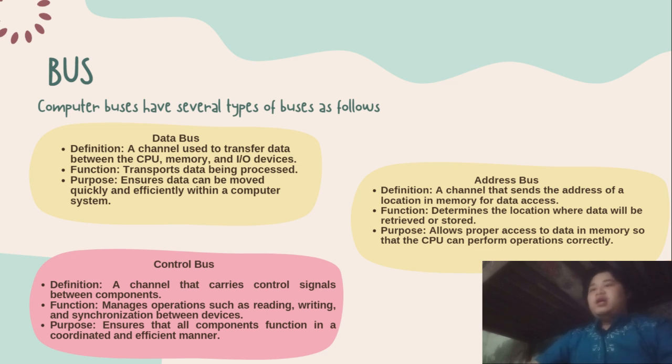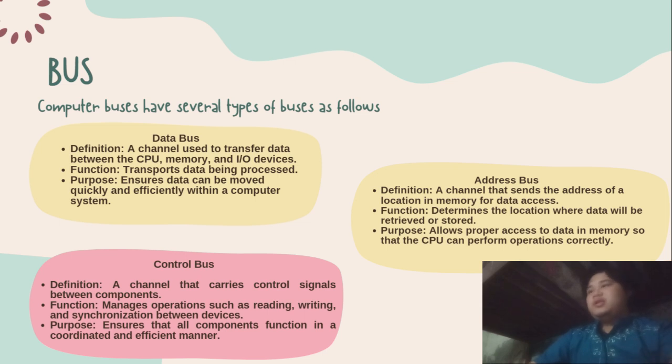On the other hand, the address bus determines the location where the data will be retrieved or stored. And the control bus manages operations such as reading, writing, and synchronization between devices. Their purpose is to ensure that all the components function in a coordinated, efficient manner.